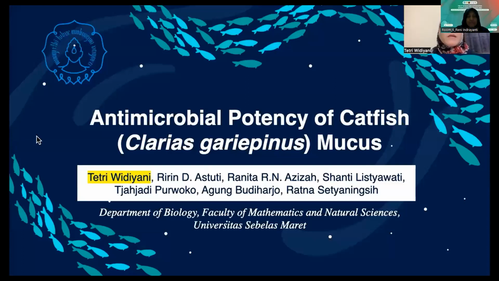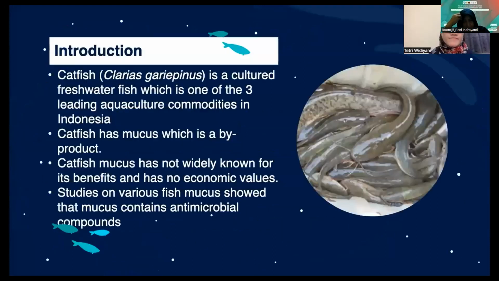Our study is entitled Antimicrobial Potency of Catfish Clarias gariepinus Mucus. For the background, catfish or Clarias gariepinus is a cultured freshwater fish, one of the 3 leading aquaculture commodities in Indonesia after tilapia and epinephelus.